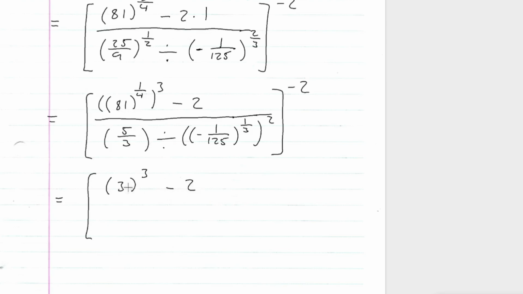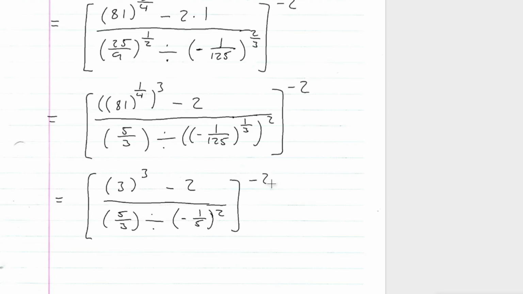So we're going to have 3 cubed minus 2 over 5/3 divided by, so here I have the cube root of negative 1 over 125. This is going to be negative 1/5, because negative 1/5 times negative 1/5 is positive 1 over 25, and then positive 1 over 25 times negative 1/5 would give me this negative 1 over 125.